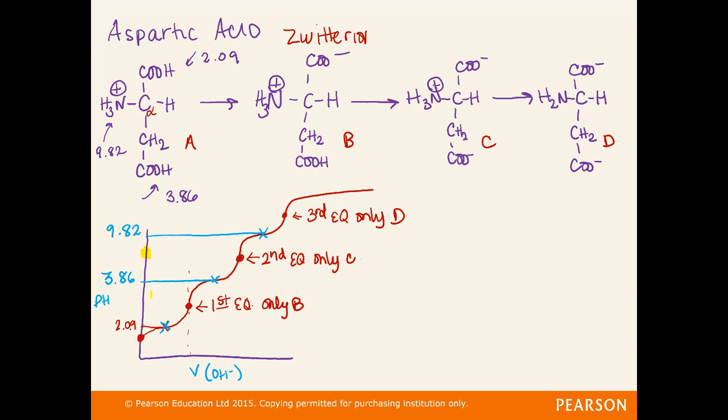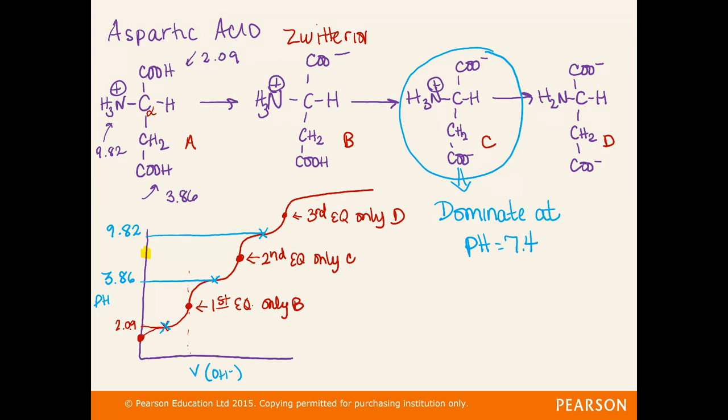I don't have this well spaced out, but for that, the structure that we can see will dominate at 7.4 has to be the structure C. So this is the structure that's going to dominate at pH 7.4 because it's somewhere in between 3.86 and 9.82, meaning that the R group is deprotonated.